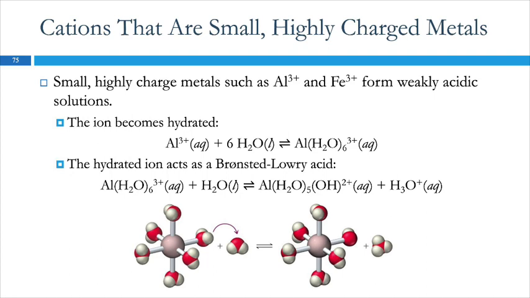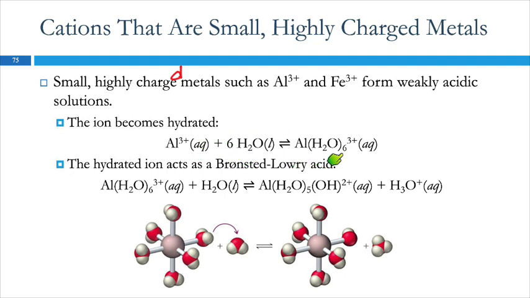And then there's this third group. These are weird. Small, highly charged, there's a typo. Highly charged metals such as Al3+, Fe3+, can form weakly acidic solutions. So how do they do that? Well, the aluminum ion here can get hydrated.